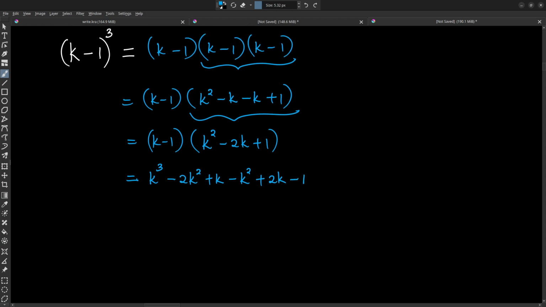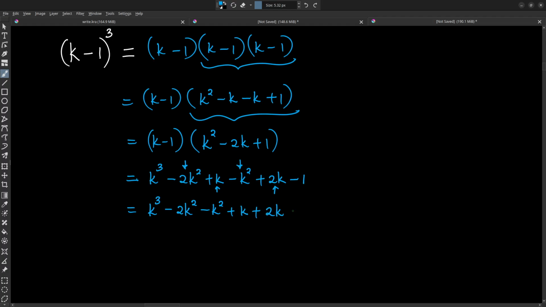So let's simplify this. So this becomes k cubed. Then here we have minus 2k squared. Then here we have minus k squared. Okay, then here we have this plus k, and then here we have plus 2k.